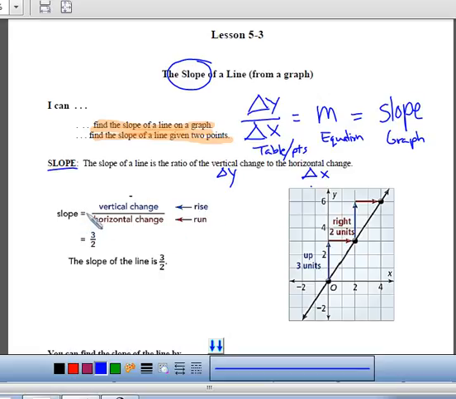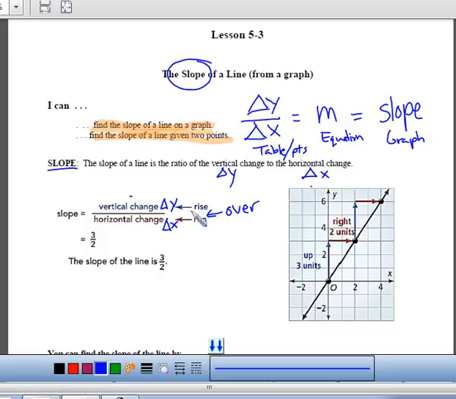So we have the slope is equal to the vertical change over the horizontal change. Remember, we talked about that as delta y over delta x, change in y over change in x. Here's another way that you will hear this. This is like an old school way of remembering it.